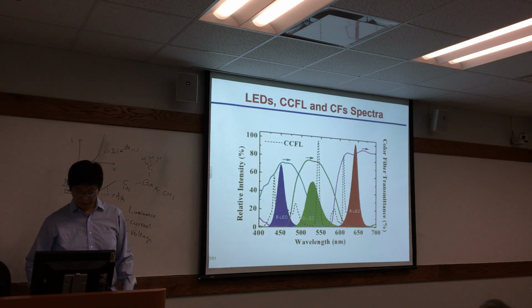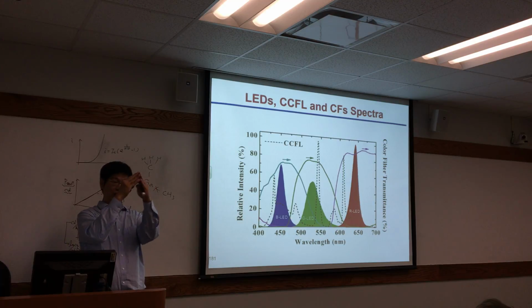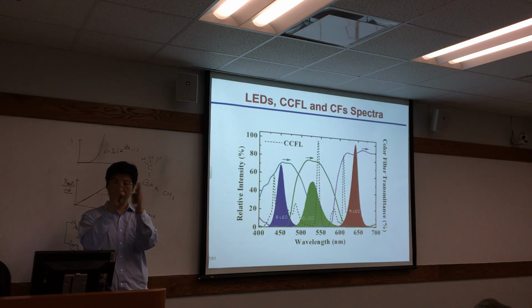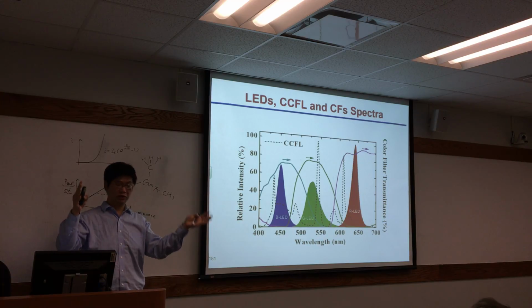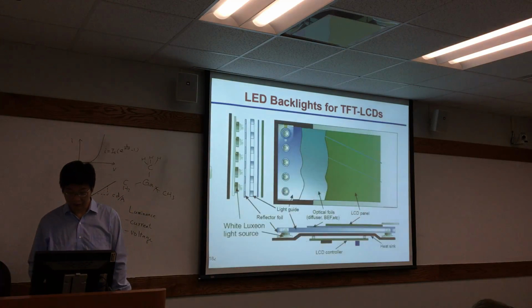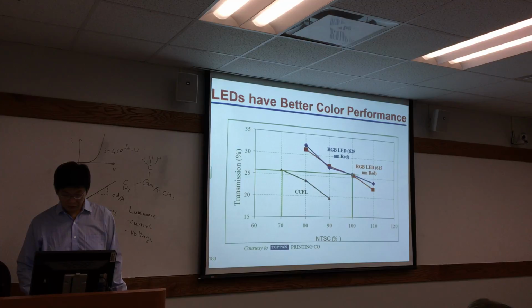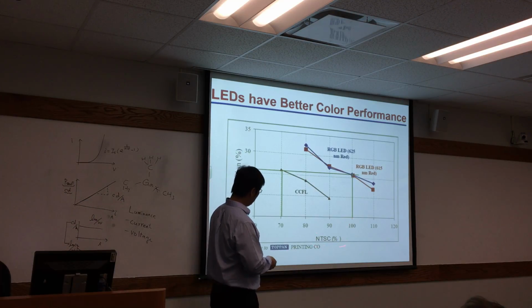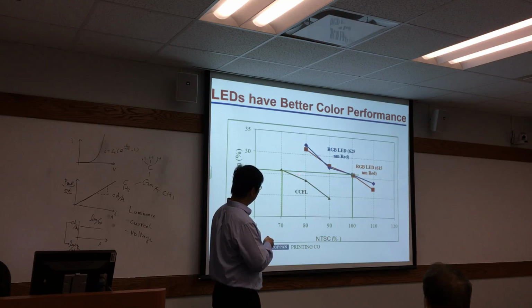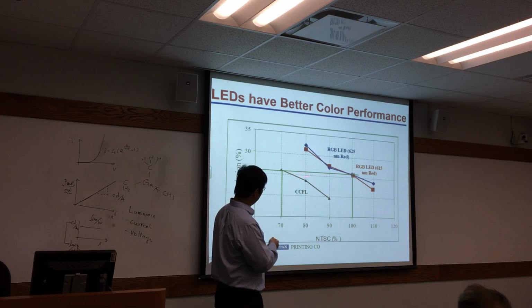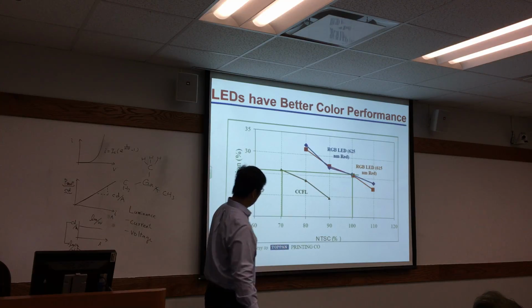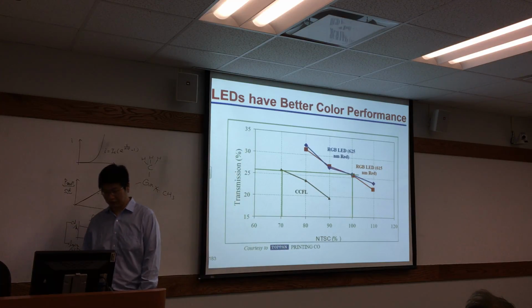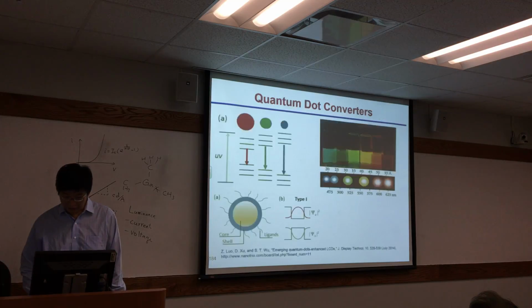As we say in color science, if we have the narrower full width at half maximum, we have the larger triangle, so we have better color saturation. NTSC is a kind of measurement for the color saturation. So the LED typically has better color saturation compared with the conventional backlight system.